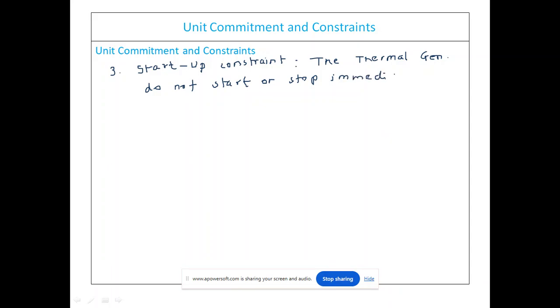Why? Because of the boiler. To generate steam at a very high temperature and pressure, we require certain time. So that puts a constraint on the thermal unit. The thermal generator does not start immediately, so it imposes a constraint on unit commitment.